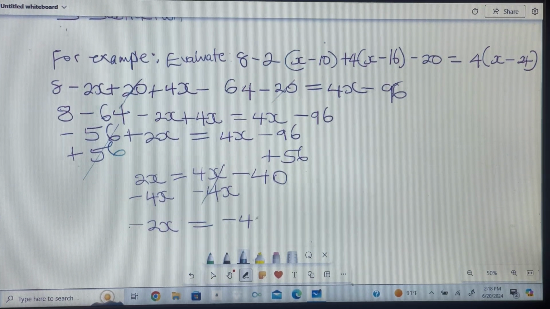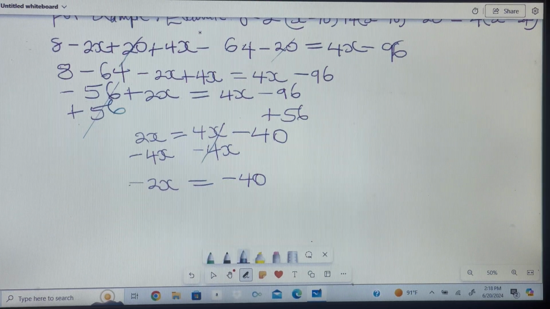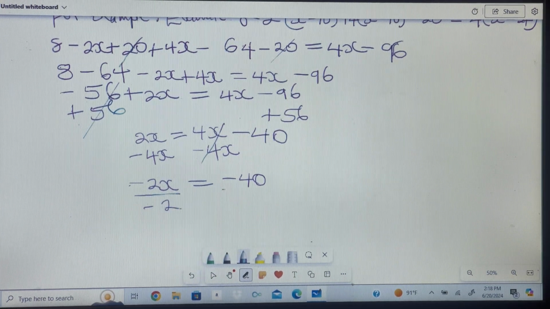When you have it like this, the next step is to divide both sides. For you to free this x, you divide both sides by -2. When negative divides negative, the answer is positive.